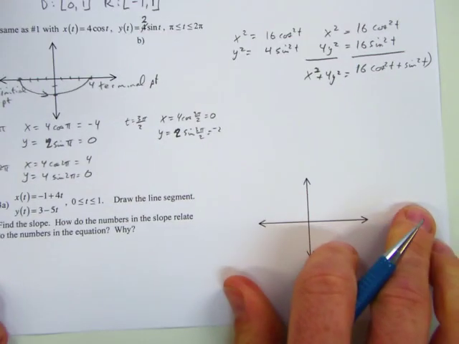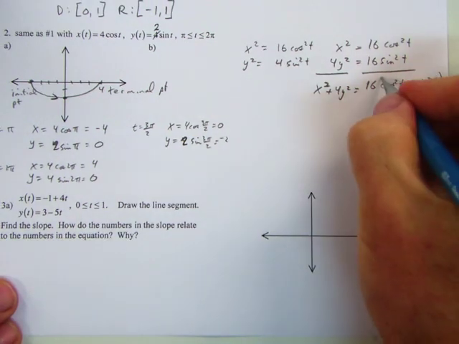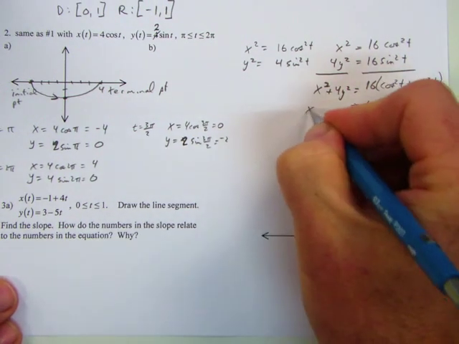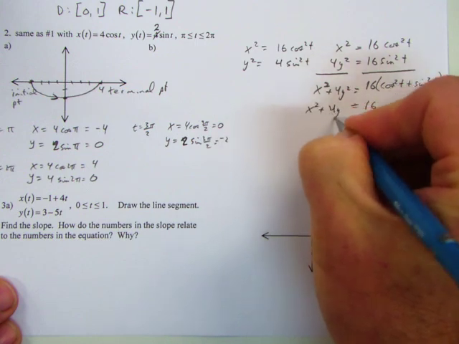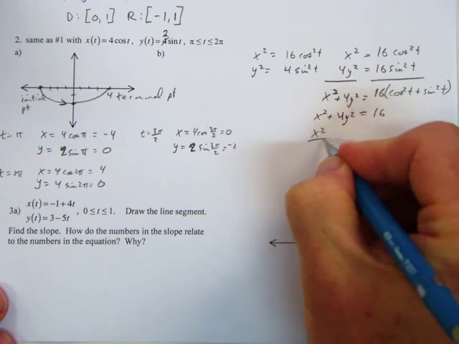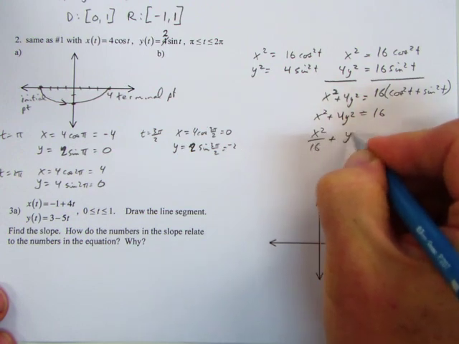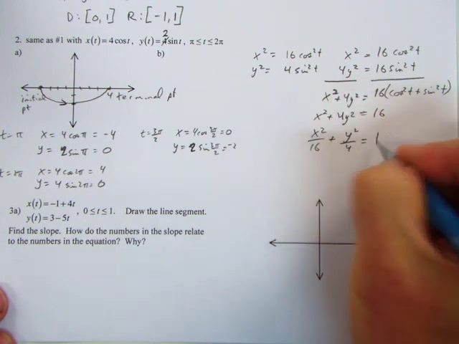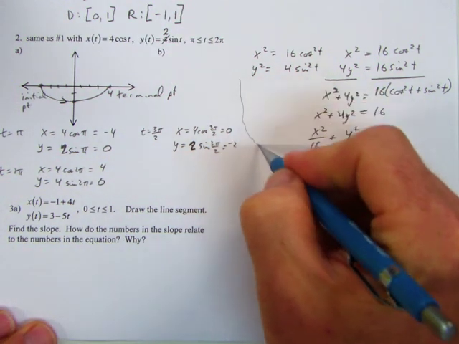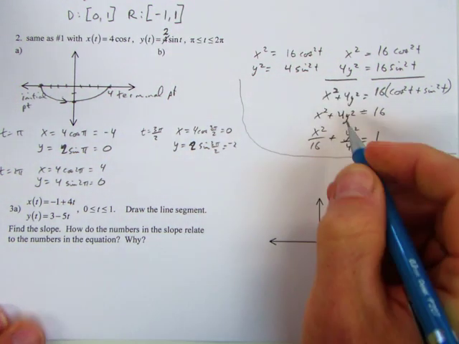And I'll go ahead and factor out the 16 there. So I'm left with 16 times 1. So I get x squared plus 4y squared equals 16, or you could write it as x squared over 16 plus y squared over 4 equals 1 to put it in the form you're more familiar with for ellipses. Now I did it one way there, and I'll quickly show an alternate way you can do it.